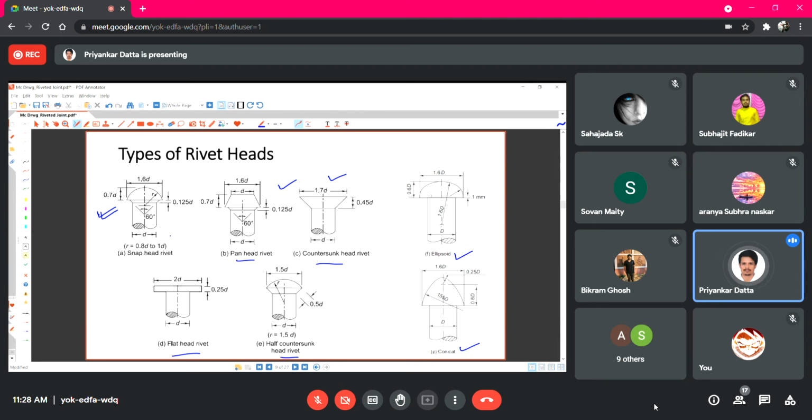It has been used for so long that people have already used different types of rivet in different places, and they have found their advantages and disadvantages. So you can find which type of rivets are mostly suitable for which application, right?